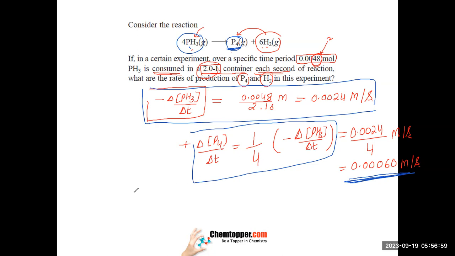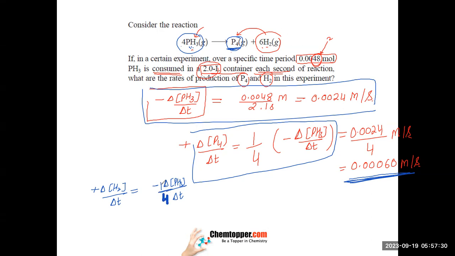Okay, now the next is H2. So you can do H2 like this. Rate of appearance of H2, this one they are asking, is equal to, now you are going to put this value, negative delta PH3 over delta T, but they are not equal to each other. See 4 and 6. So take 1/4 here and take 1/6 here. You're getting it, children?